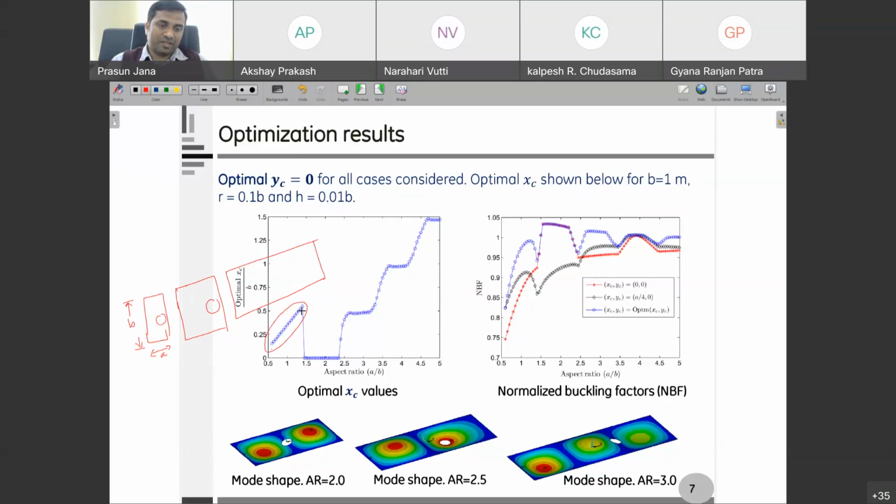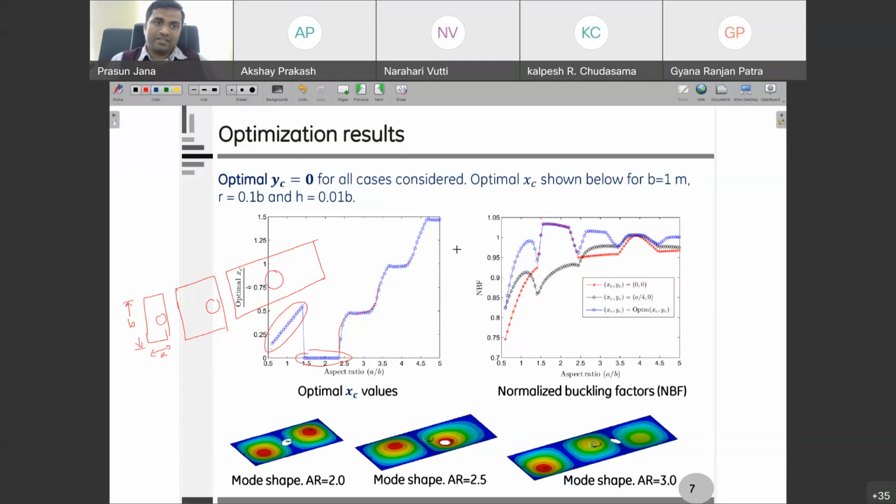It moves from the edge to the center location, and that happens around 1.5. So the maximum location is here, and then it increases again with a nice curve as we increase the aspect ratio.